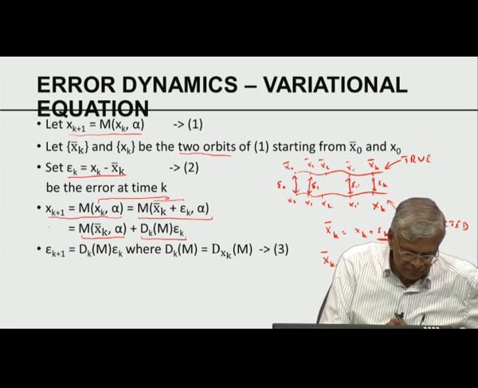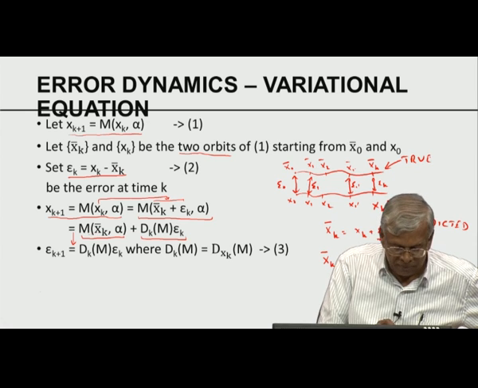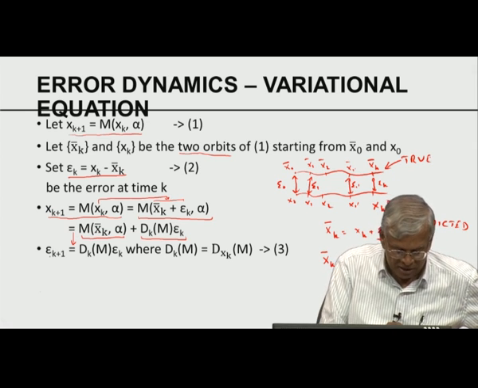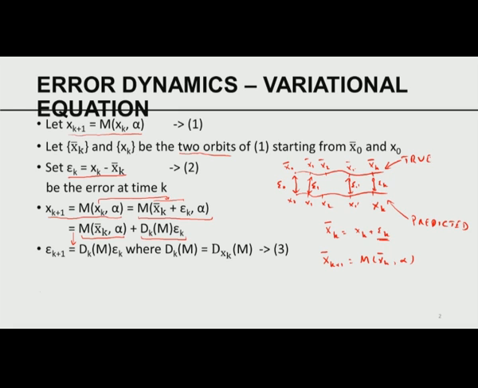Therefore this equation becomes this, because x k plus 1 minus x k plus 1 bar is epsilon k. The right hand side becomes the Jacobian of m at time k, evaluated at x k, times epsilon k. So this becomes the dynamics for the evolution of the error, where D k is essentially D of x k of m. I didn't want to complicate the notation, so D of x k of m is simply D k. So what does this tell you? Epsilon 1 is equal to D 0 m epsilon 0.